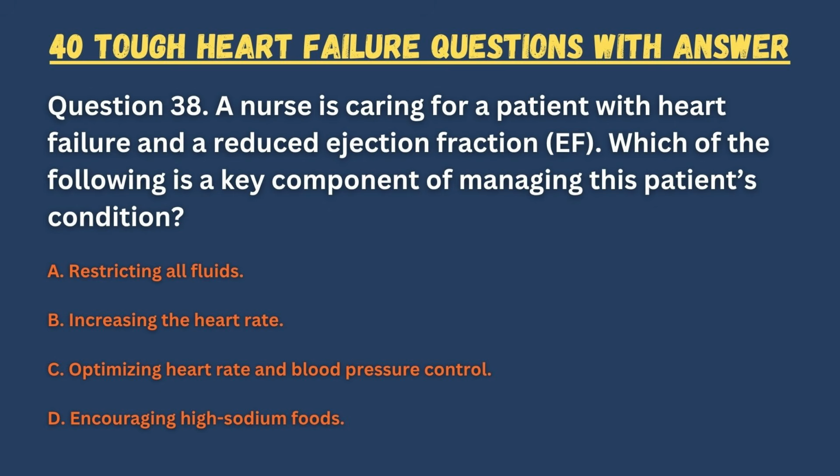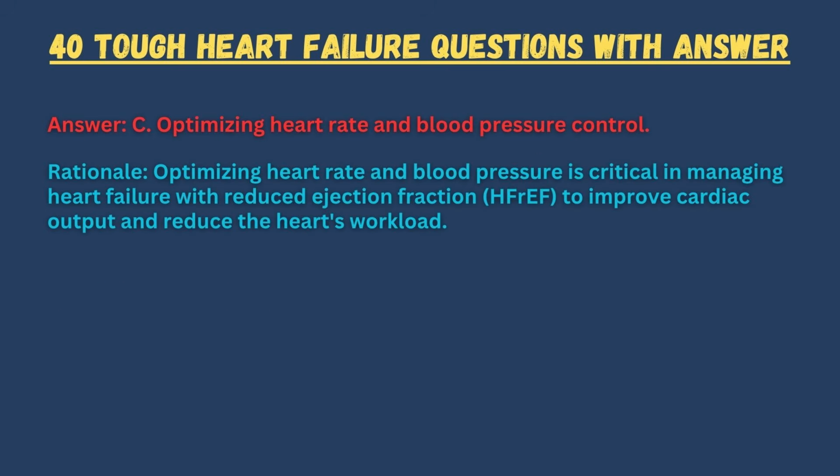D. Encouraging high-sodium foods. Answer. C. Optimizing heart rate and blood pressure control. Rationale. Optimizing heart rate and blood pressure is critical in managing heart failure with reduced ejection fraction, HFrEF, to improve cardiac output and reduce the heart's workload.